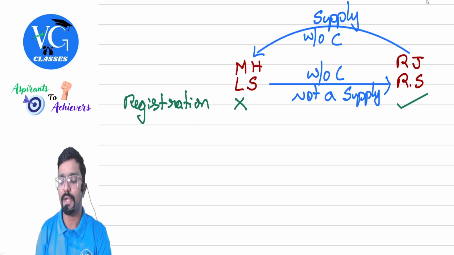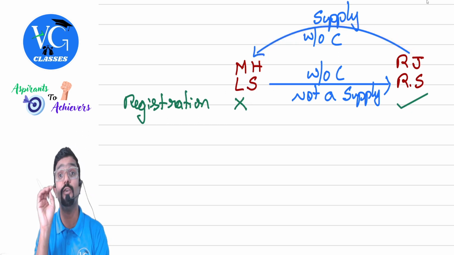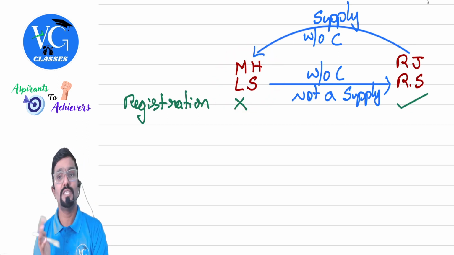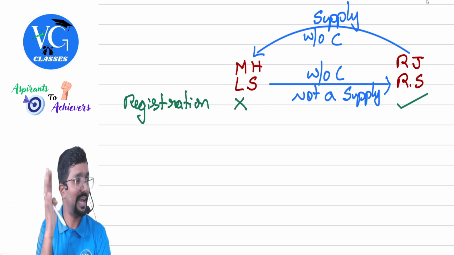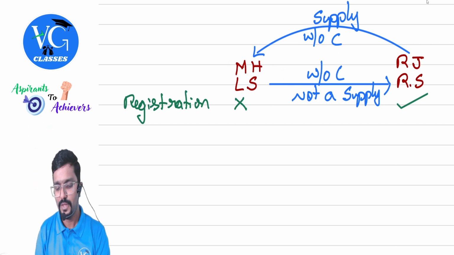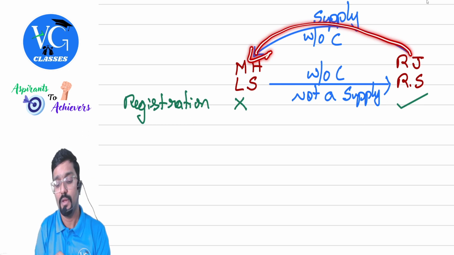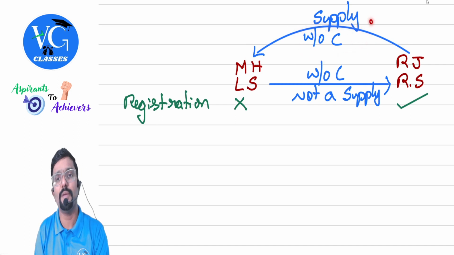Then coming to the other part. Assume the restaurant sent some snacks, not snakes, so snacks, to a liquor shop. Snacks are covered under GST, or any starters or any food items. They sent it to the Maharashtra liquor shop, which is part of GST, without consideration. Is it still a supply, people?